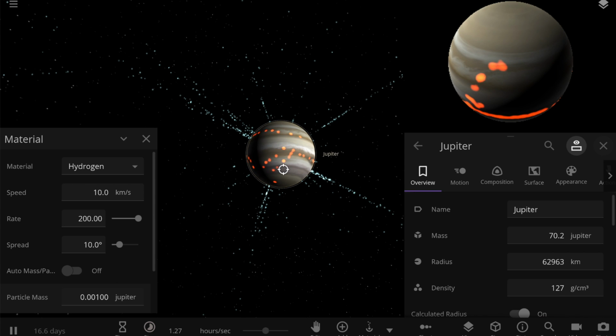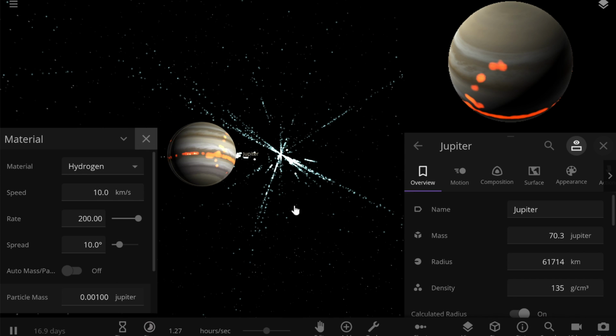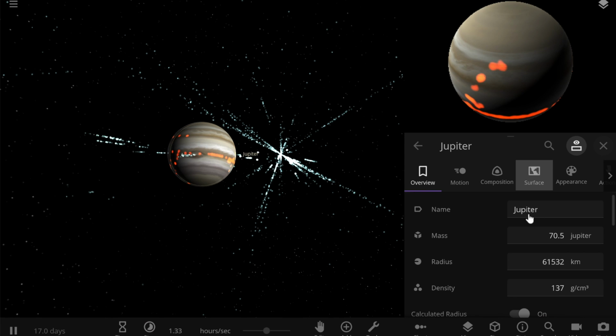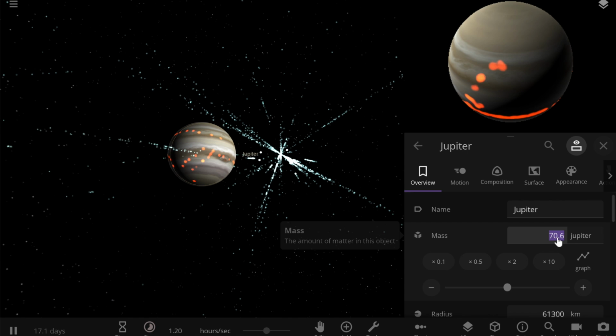Okay, so the definition, well, this is still technically considered a planet, well, a brown dwarf, sorry. But right now it's getting so heavy that it might as well be considered a planet. Well, I'm going to add it manually.